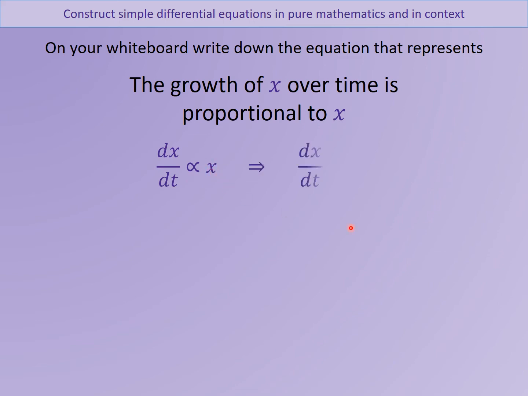That's what it means. So yes, I could write that as an equation. But now I've got this equation, I want you to do something else. I want you to solve that differential equation. So from a single sentence, the growth of x over time is proportional to x, we've managed to get a differential equation, and now you're having to go at solving that equation. Okay, so pause there if you need more time.